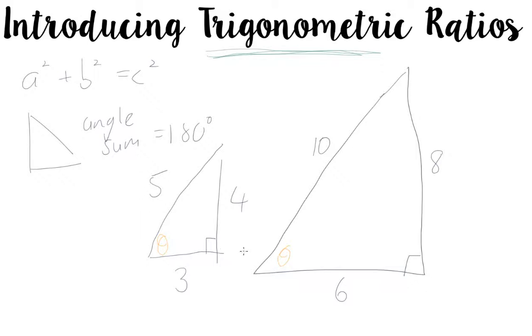So our theta here is the same, doesn't matter how big our triangles are, as long as they're similar. So these here, similar, double, or half, depending on which way you go. Similarly, these angles up here, which I'll call alpha, like a funny looking A, will be the same as well. So in trigonometry, we're going to look at connecting these angles with the side lengths of these triangles.